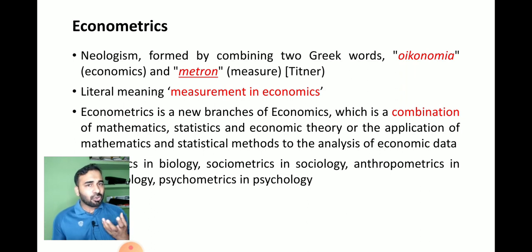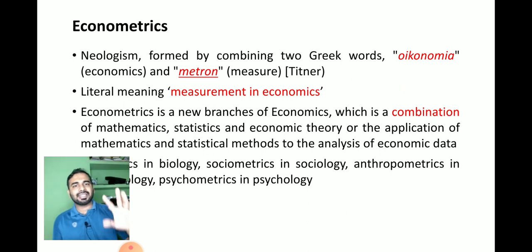So usually what we do in order to measure the things in economics, we go to mathematics or statistics. The application of mathematics and statistics in order to learn economics is basically what econometrics is all about.